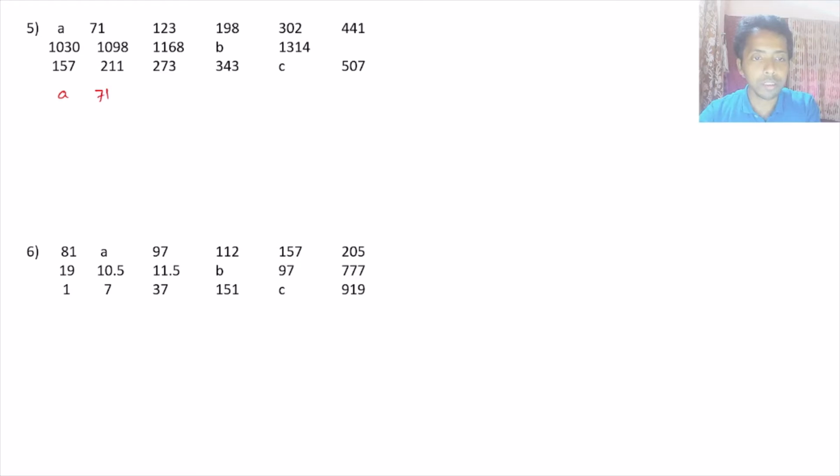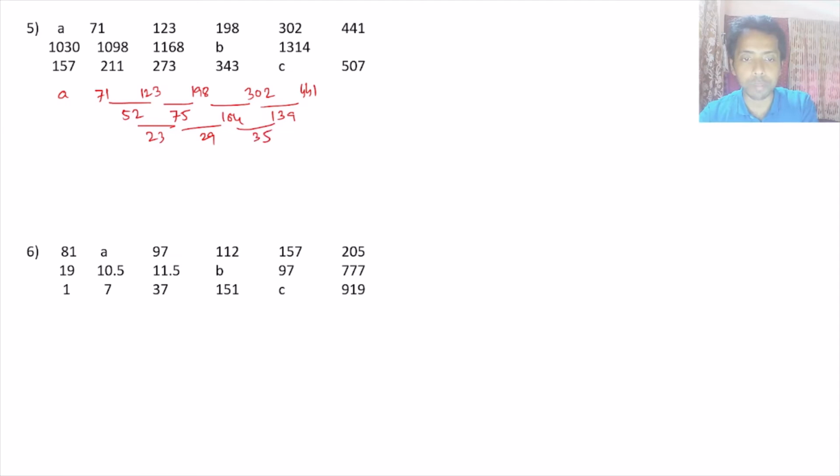A, 71, 123, 198, 302, 441. Now, this is 29, so that is 52. This is 75. This is, if 200, 102. 102 plus 2, 104. This is 139. We will move to second level difference here. This is 23. This is 25, 29.